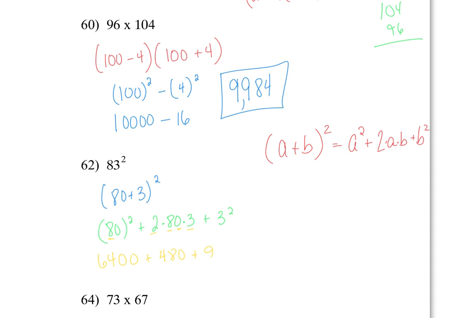So 6,400 plus 480, 6,880 plus 9, 6,889. 6,889 is 83 squared.